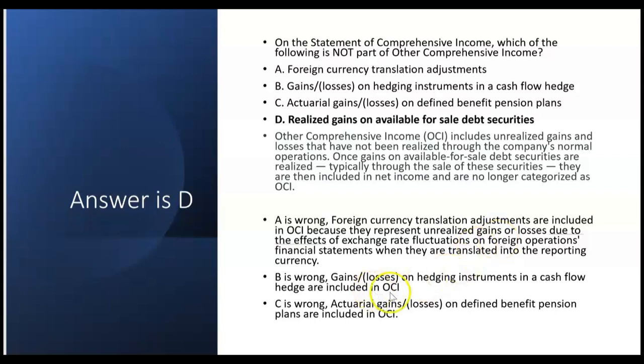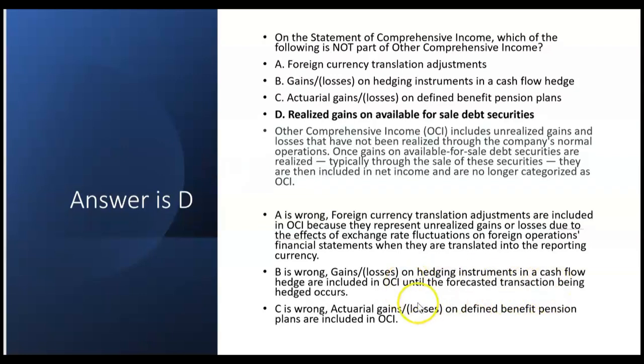B is wrong, gains and losses on hedging instruments in a cash flow hedge are included in OCI until the forecasted transaction being hedged actually occurs. So if you see gains and losses on cash flow hedges, tell them that goes in OCI. And then C is wrong, actuarial gains and losses on defined benefit plans, they're included in OCI.